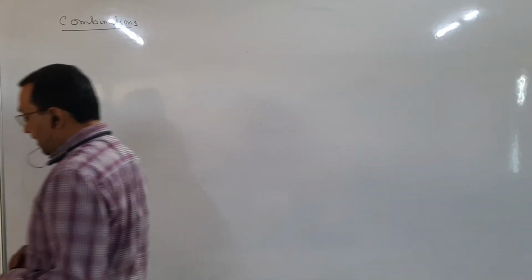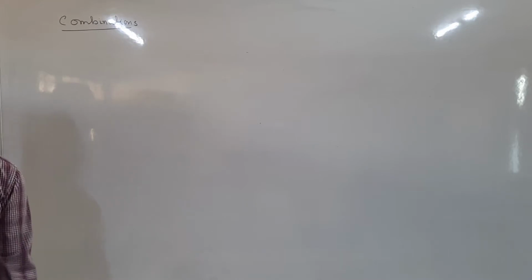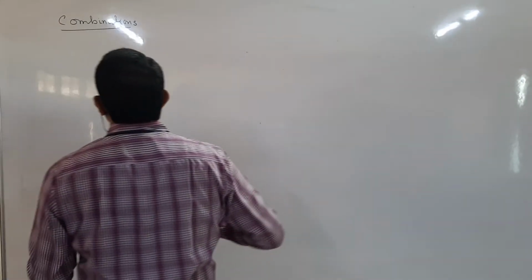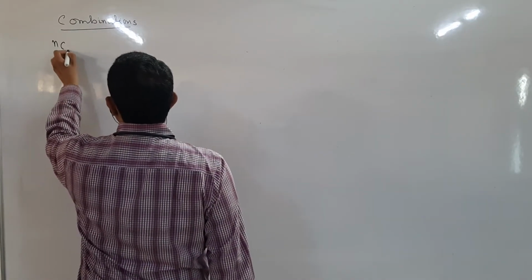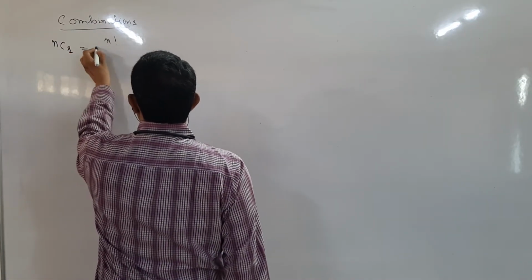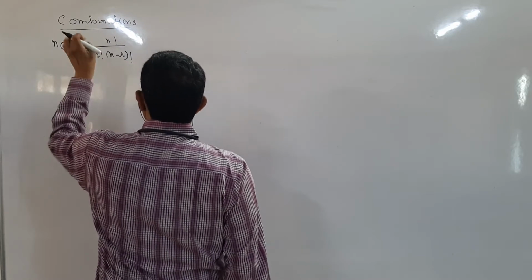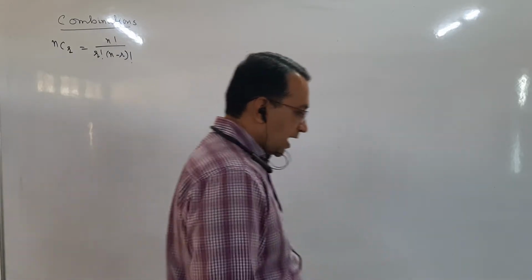Now, students, what is the definition of combination? The total random selections of r things out of given n things are called combinations of r things, denoted by nCr. And the formula for nCr is n factorial upon r factorial into n minus r factorial.